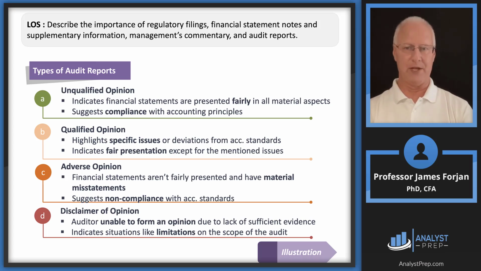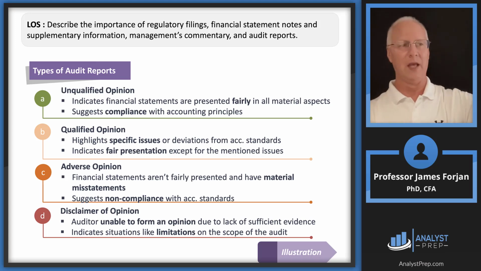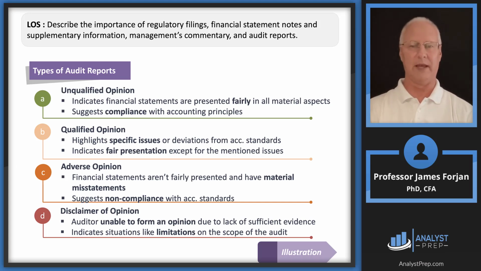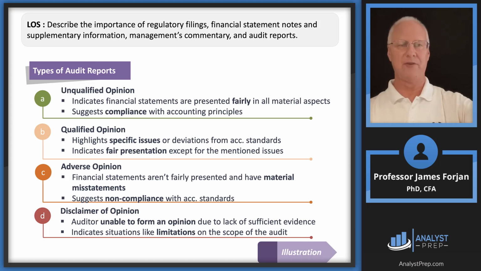An adverse opinion is a concluding statement that says something like, I have no idea what the accountants were doing. They were using Jim's accounting standards through the whole thing. So they're not fairly presented: material misstatements, non-compliance. So think about A, B, and C there as different levels.